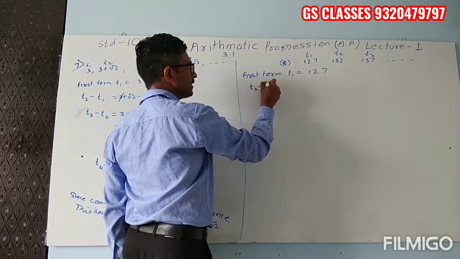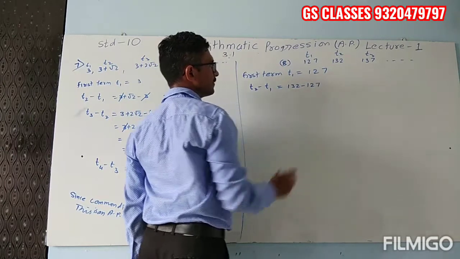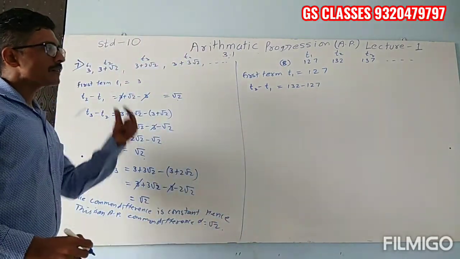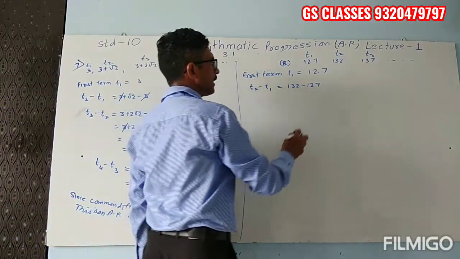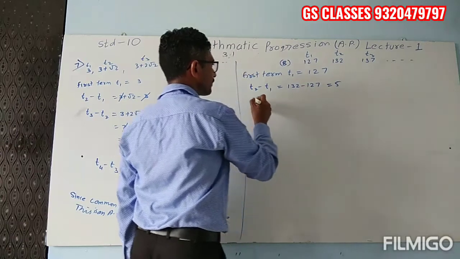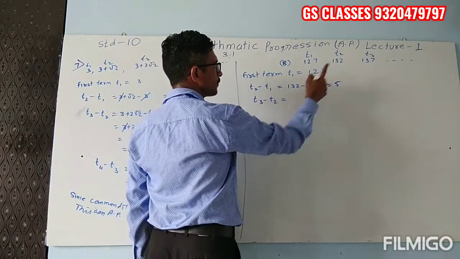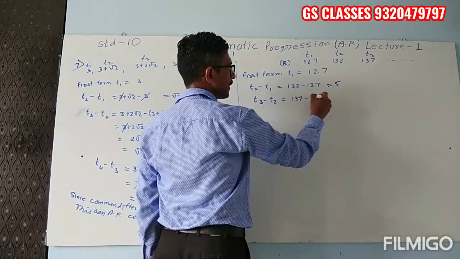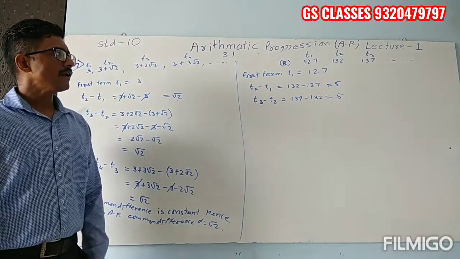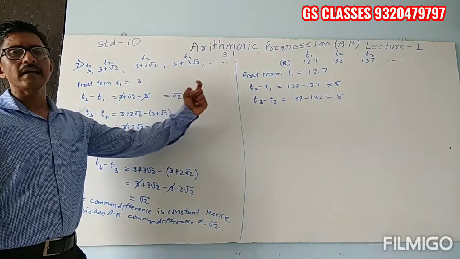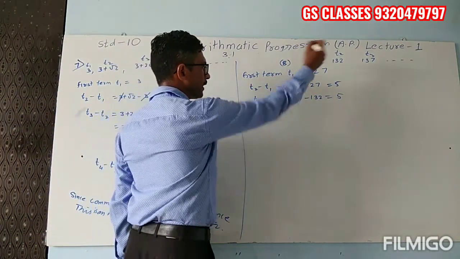Now T2 minus T1. 132 minus 127, difference comes out as 5. Again T3 minus T2. T3 137 minus 132, difference again is 5. Now these are very clear terms, so 2 calculations are enough here. We can now write our conclusion.